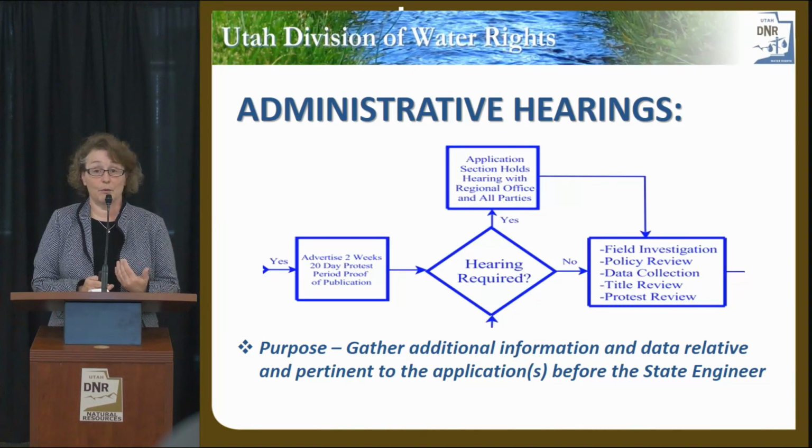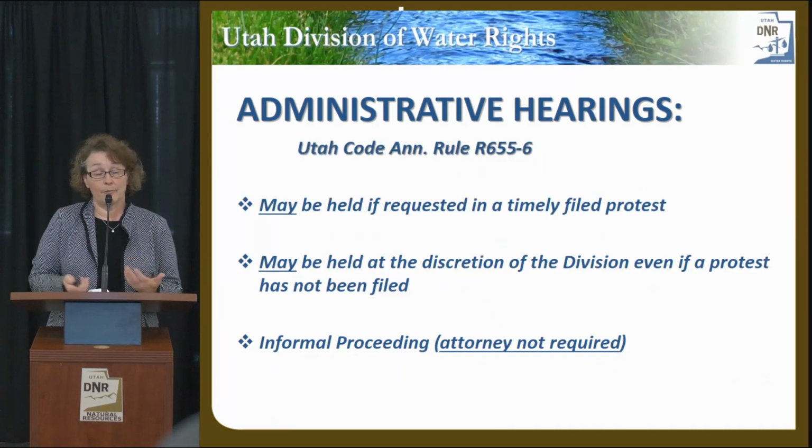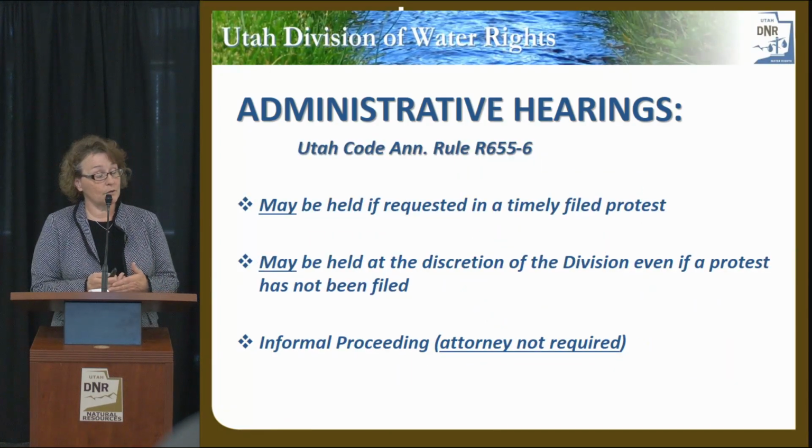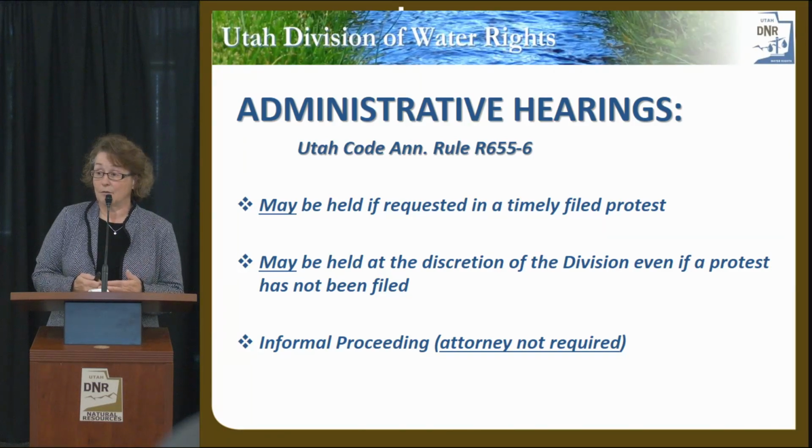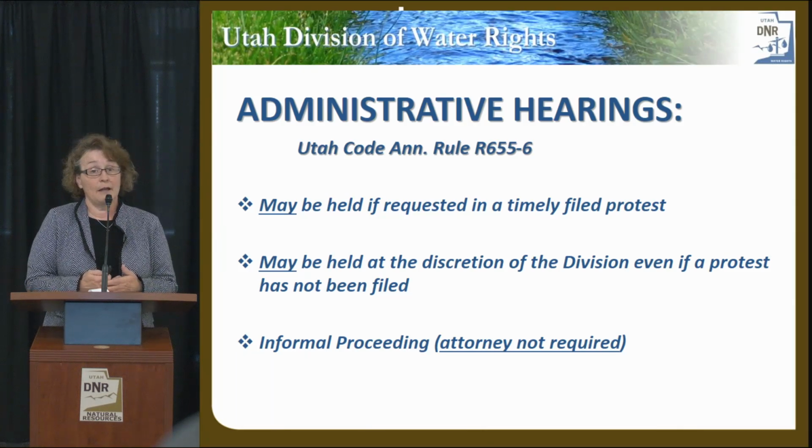In most cases, we do ask questions of all parties to help us understand what they're trying to convey to us about this proposal. So when we schedule a hearing, the regional engineer will contact me. We'll pick a date that works for our schedules, and then we reach out to parties and send notice to all of those parties of when that hearing will be scheduled.